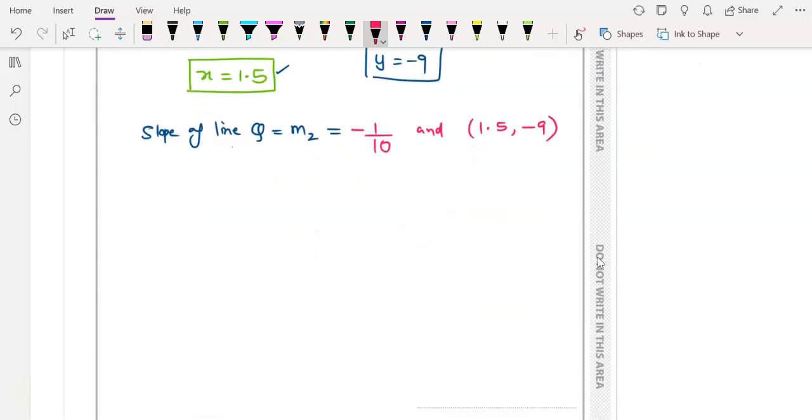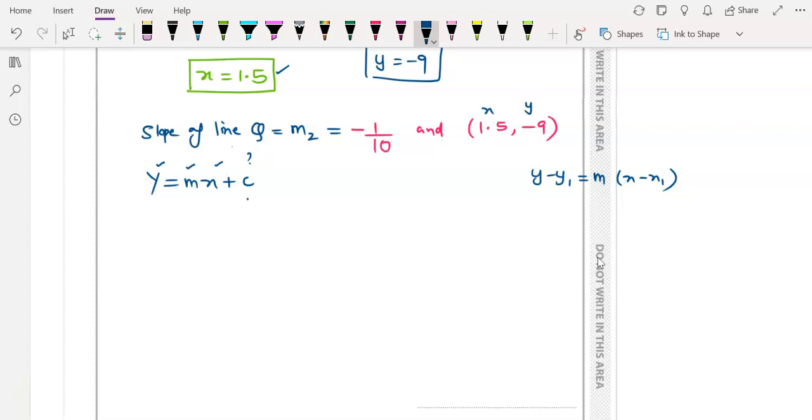So the equation of the line is y equals mx plus c. You can also use y minus y1 equals m bracket x minus x1. I don't know the y-intercept, so let's substitute the values of x, m, and y.